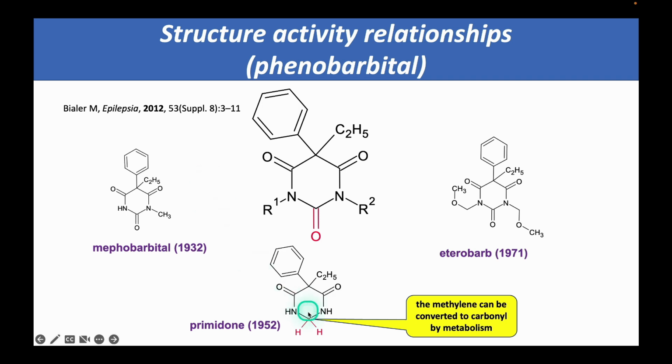In primidone, the carbonyl has been replaced by a methylene, which can be converted to phenobarbital by metabolic oxidation. Mephobarbital and etrobarb are examples that present substituents attached to the nitrogens of phenobarbital, and it has been reported that their undesirable activity as sedatives is less than that of phenobarbital.